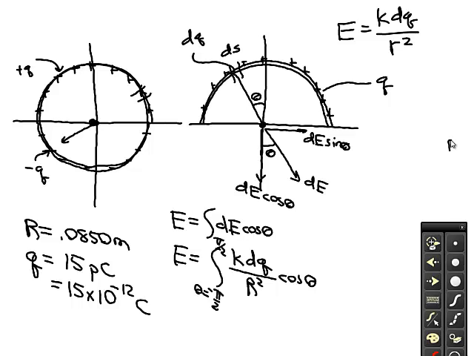Remember this lambda thing. Lambda is the total charge over the total distance. So in this case, we could say that it is dq over ds.